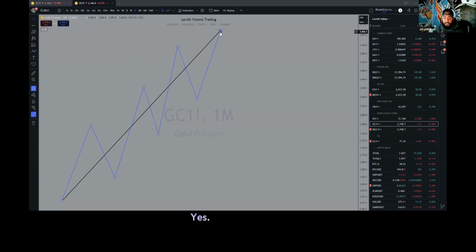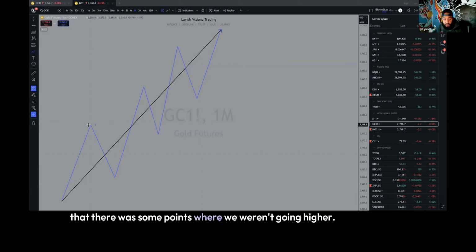Price went higher, yes. Now, inside of price going higher, we can see that there was some points where we weren't going higher. And that's okay, because essentially we can look at that like our lives. We can look at that like every day.